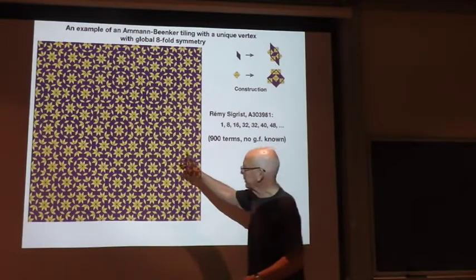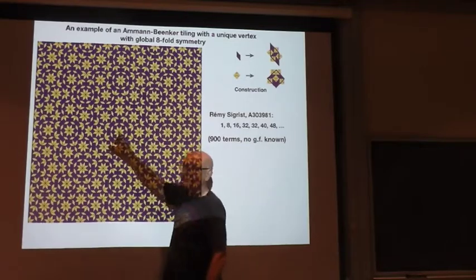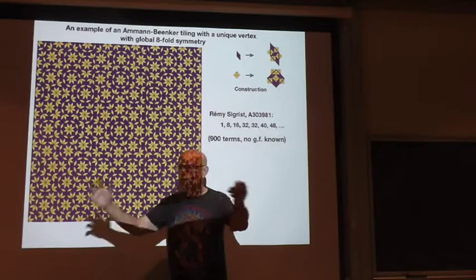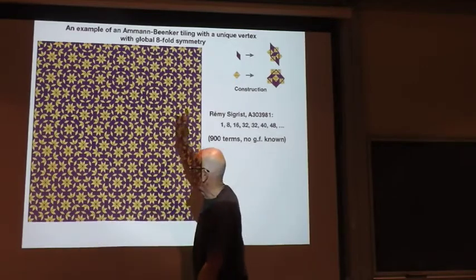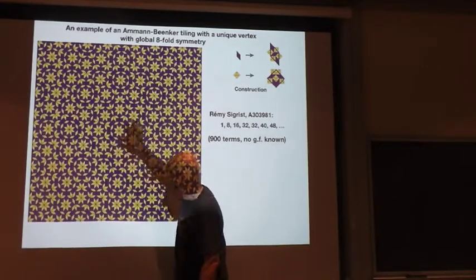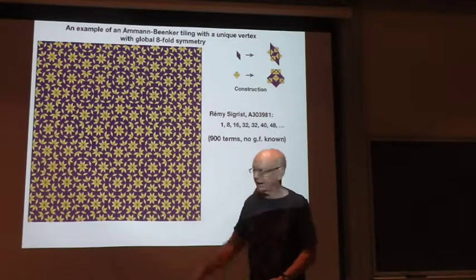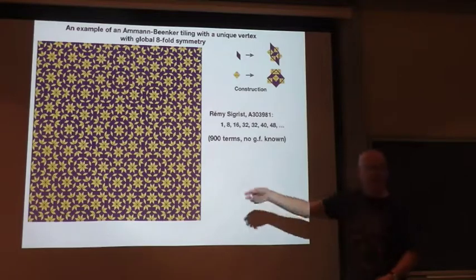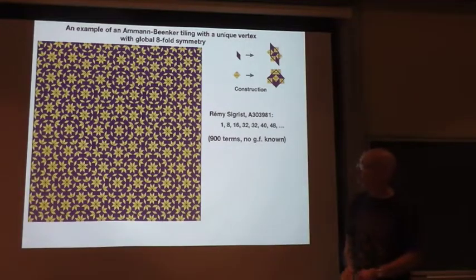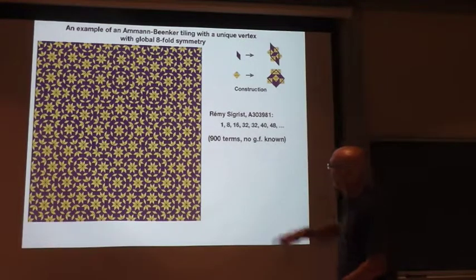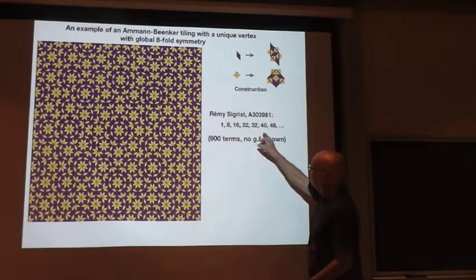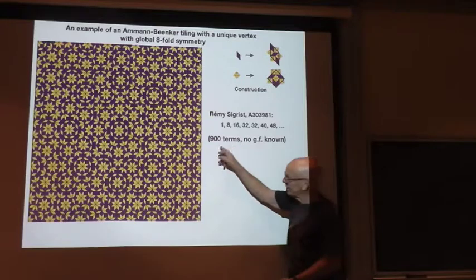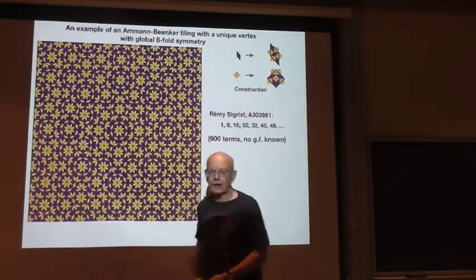But this particular example has a global symmetry of order 8. Penrose tilings may or may not have a global rotational symmetry. But this particular instance of this tiling has a unique point of global symmetry of order 8. And Rémy worked out 900 terms of the coordination sequence with respect to this point.